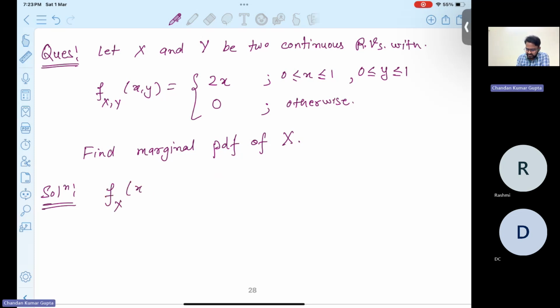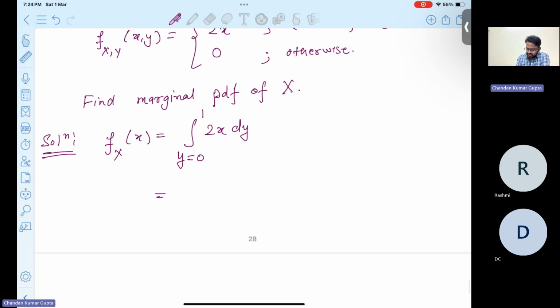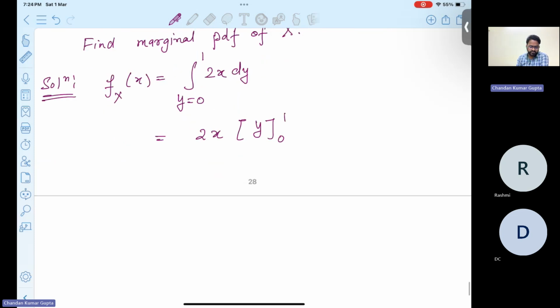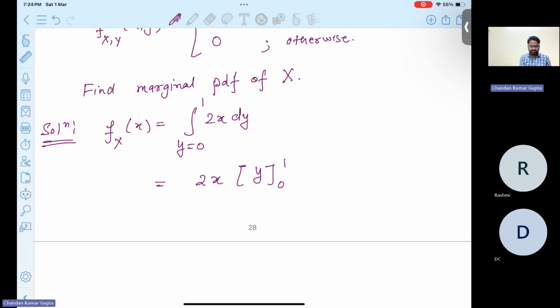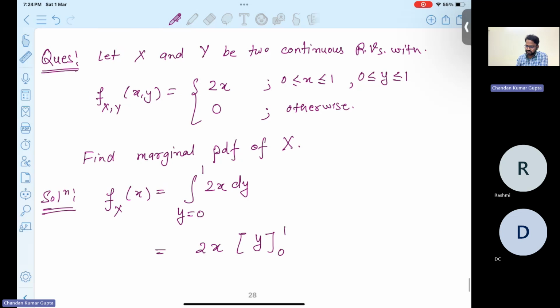The marginal is defined as the integral over the range of y, from 0 to 1, of 2 dy. 2x is taken as common because x is treated as a constant. Wait, I think I've written something wrong here.